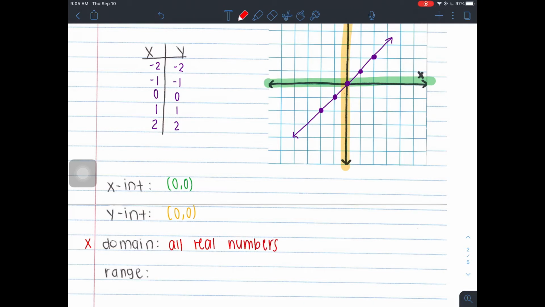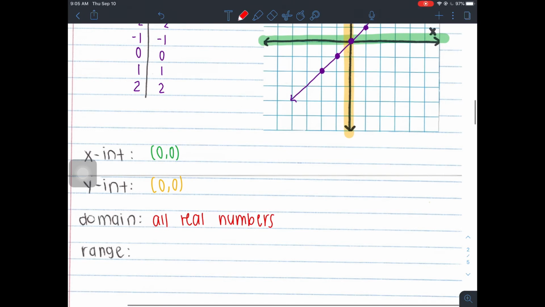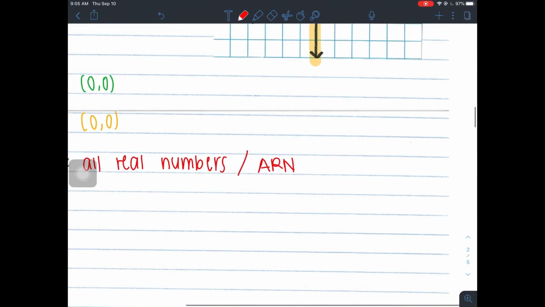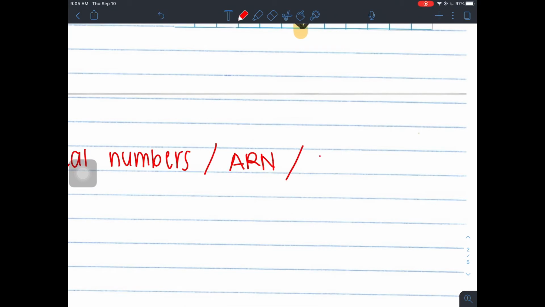Now, all real numbers can be a lot for students to write, so I do let them shorthand it by saying ARN. Now, ARN stands for all real numbers. Your STAR test won't call it that. They'll just say all real numbers. They probably won't put ARN, but if you want to shorthand it, you can. And then the mathematical symbol for all real numbers looks like this. It's an R with an extra line inside of it.